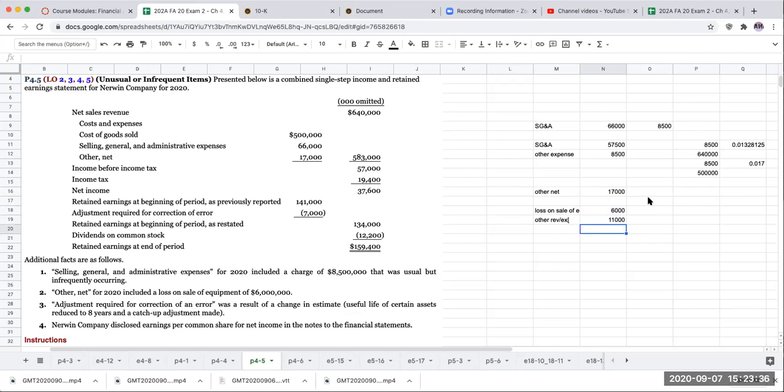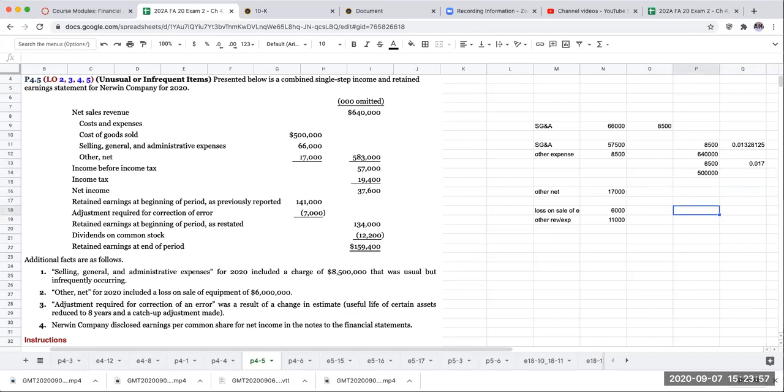So again, is this material? Obviously this number is even smaller if I compared this 6,000 against sales and against cost of goods sold. The amount is going to be even less than what we saw before.